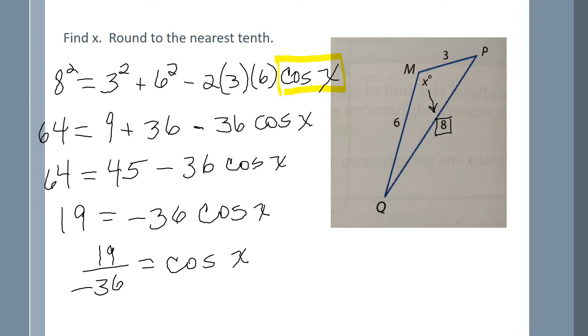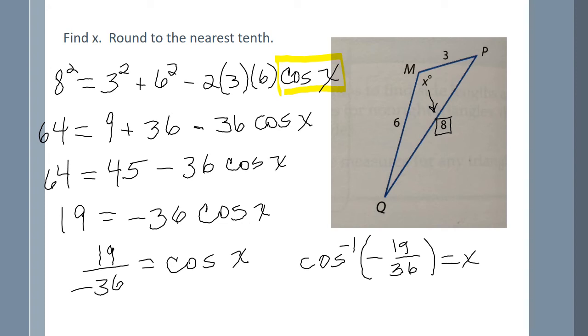Okay? So, if you remember, to find the angle measurement when we don't know it, the cosine inverse of negative 19 over 36 is going to tell us what that is. That's going to be the value of that angle.